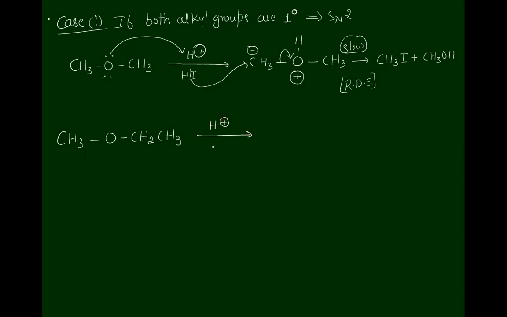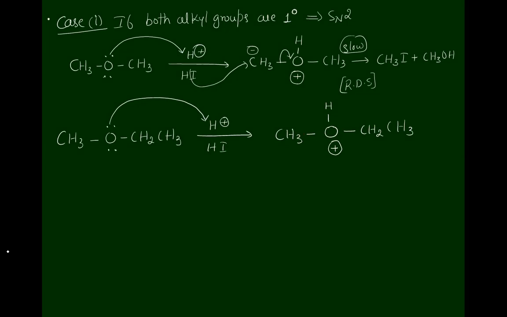The lone pair electrons on the oxygen atom attack the H plus ion to form the intermediate O, hydrogen, CH2CH3, and this carries a positive charge. Now the question arises, from which side does the oxygen atom attract the electrons?